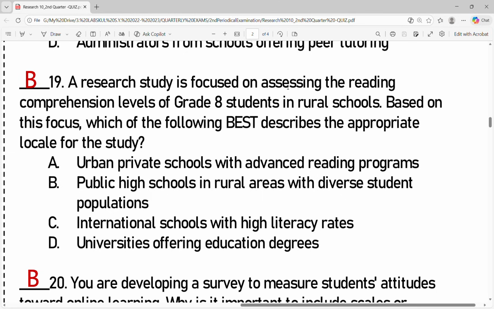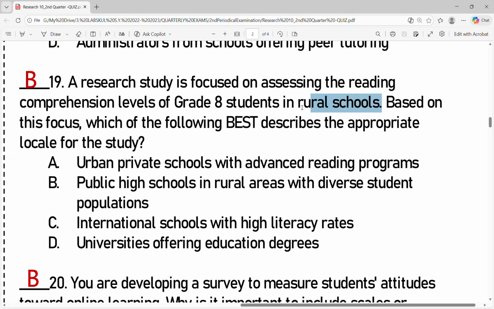Number 19. A research study is focused on assessing the reading comprehension levels of grade 8 students in rural schools. Based on this focus, which of the following best describes the appropriate locale or location where the study be conducted? So the correct answer may ara na da sa STEM nato no. Basahon niyo gid mayo ang aton nga questions ha kay sa question pa lang nga daan ara na da actually makita ang sabat.